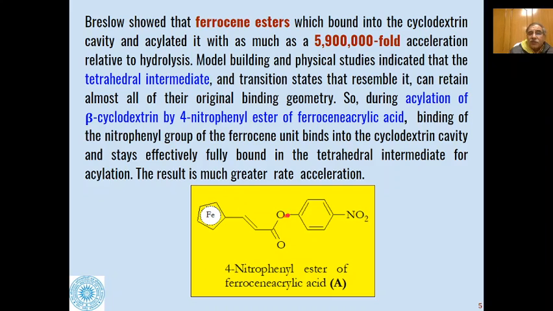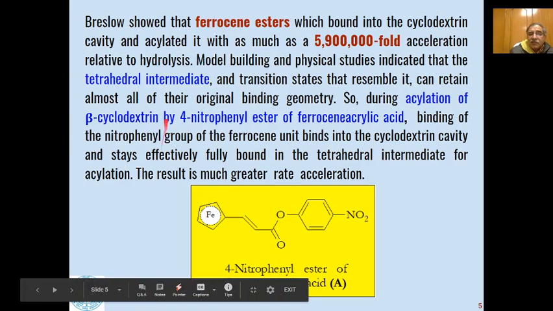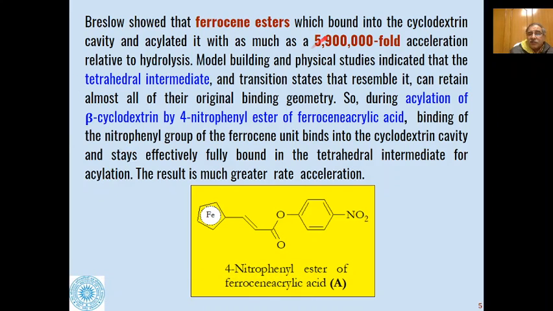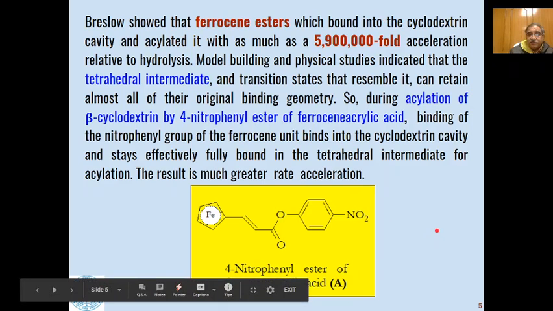So here also the tetrahedral intermediate formed in the transition state fits into the cavity of the beta cyclodextrin so easily that the reaction becomes about 60 lakh times faster than the normal hydrolysis reaction.